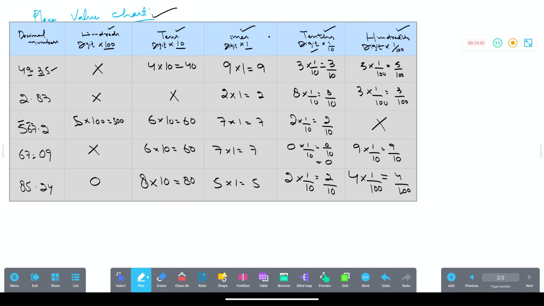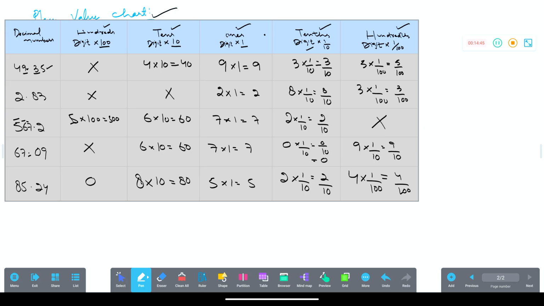So this is the place value chart for all of your numbers. Let me just settle it down here. Have a look.